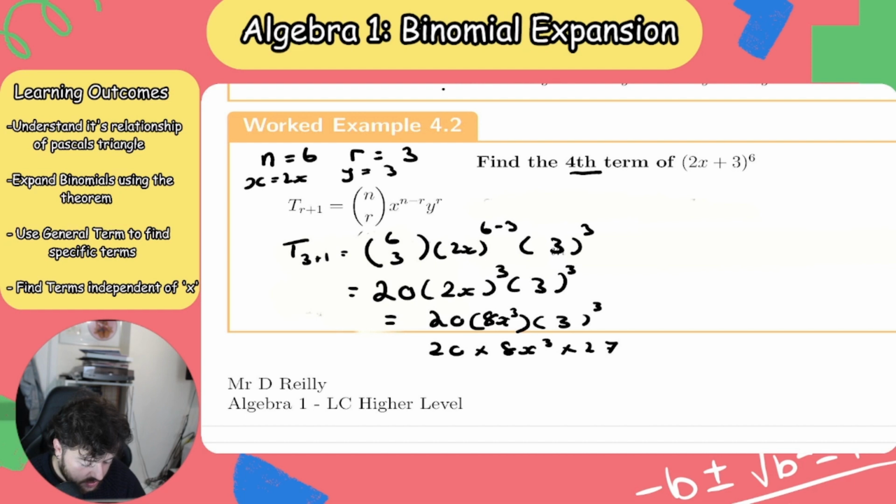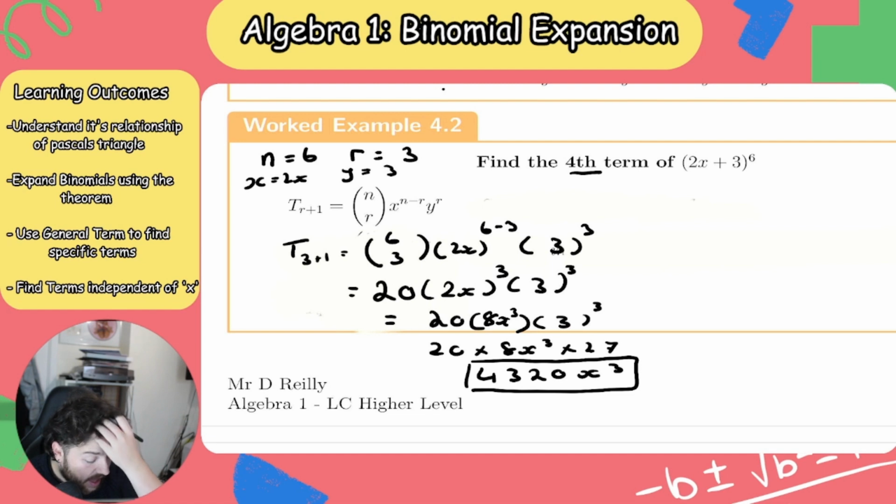So 20 times 27 times 8, I'm going to have 4,320x cubed. That is the fourth term of this expression.